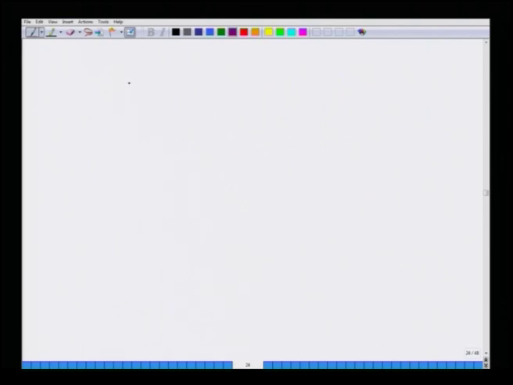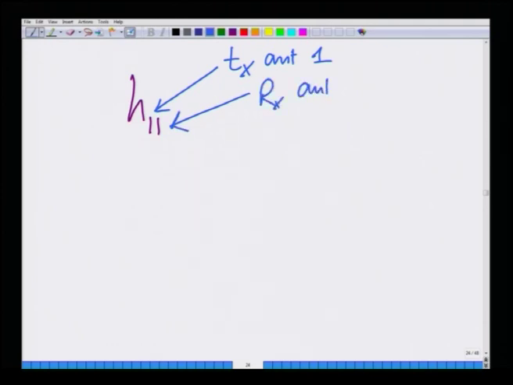In fact, if you look at H11, that is transmit antenna 1 and receive antenna 1.